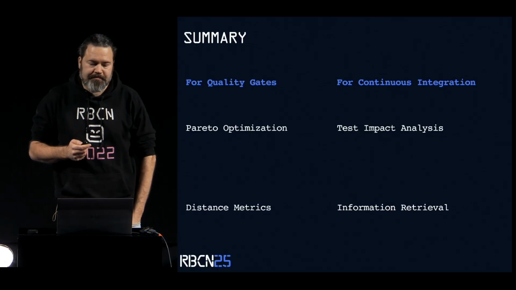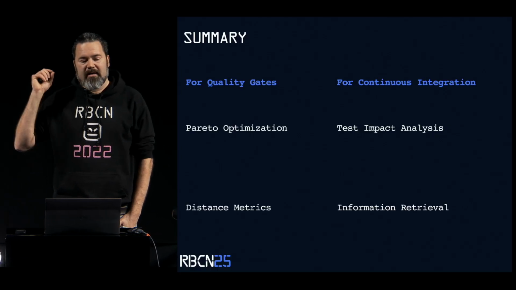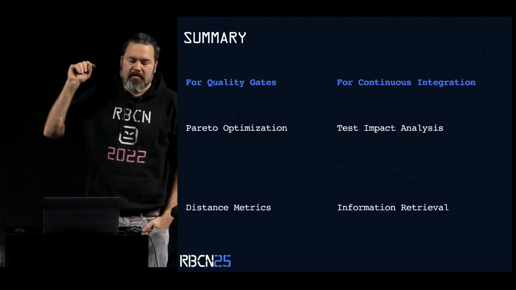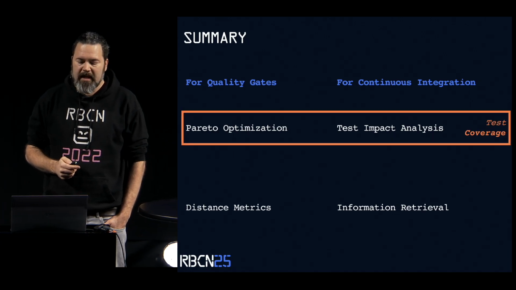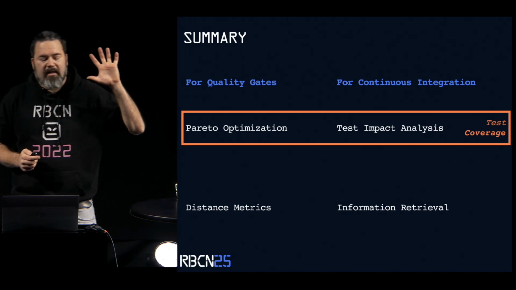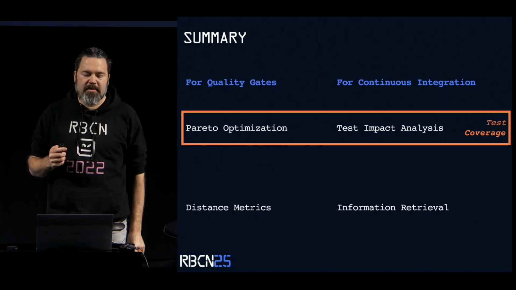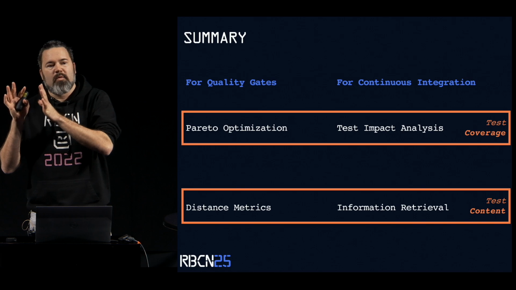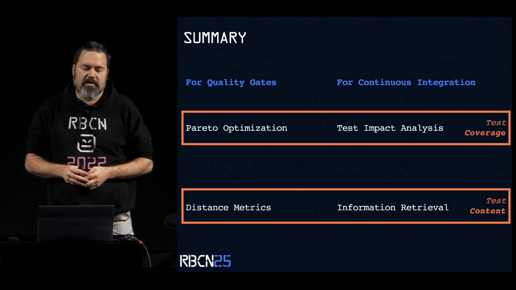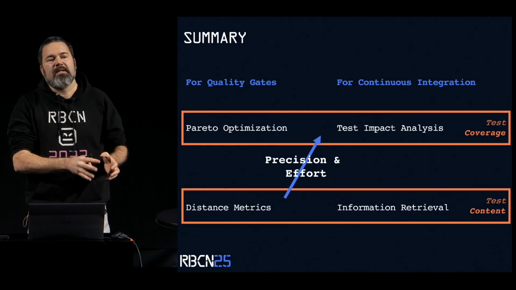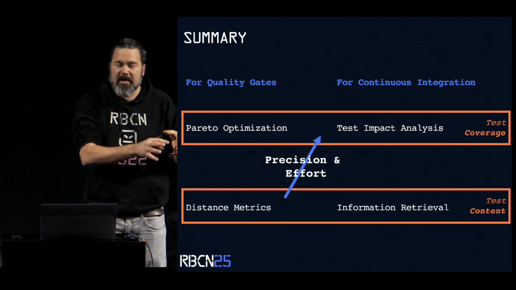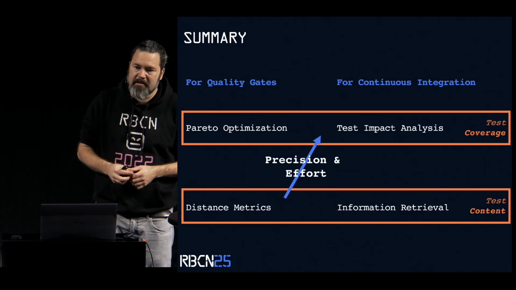So to sum up, I looked at 2 scenarios: we used this for a quality gate and for continuous integration. And I looked at approaches that use coverage information and approaches that work without coverage information and only use test content. The more information we feed into the models, if we feed change information in, the results get better.